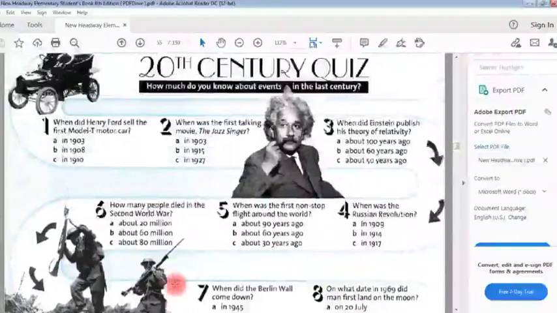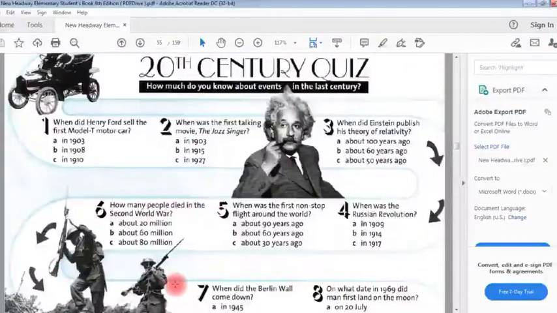Unit 7. Tape script 7.1. 20th century quiz. 1. Henry Ford sold the first Model T in 1908. 2. The first talking movie, The Jazz Singer, was in 1927. 3. Einstein published his theory of relativity about 100 years ago. 4. The Russian Revolution was in 1917. 5.